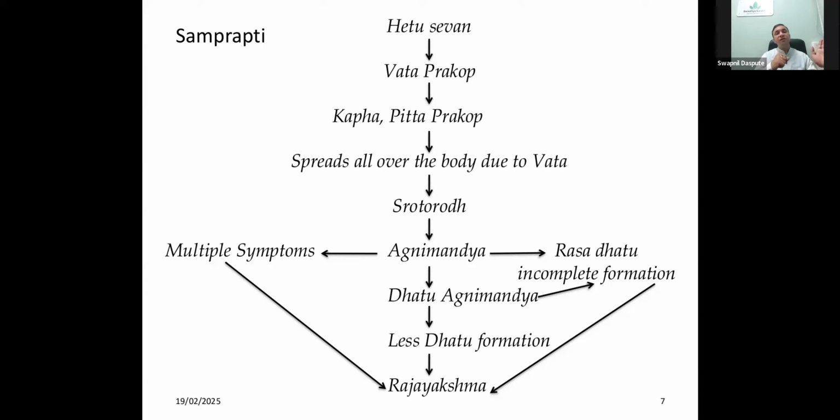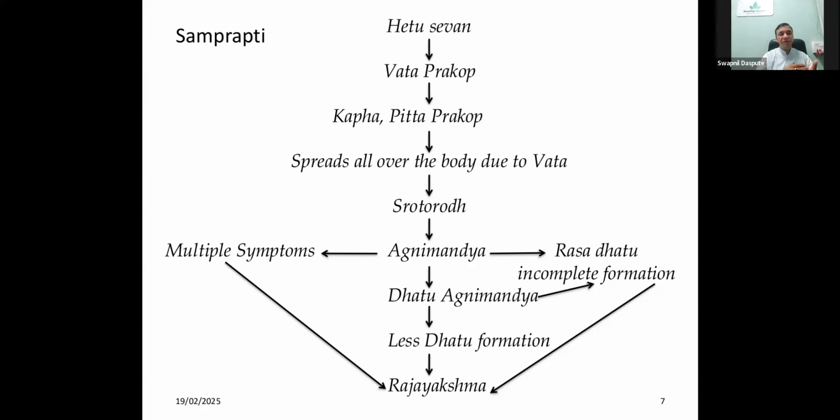So on one side, we see multiple symptoms because of Agni Mandya, and excess depletion of the Dhatus will lead to Rajakshma. Agni Mandya will lead to Dhatu Agni Mandya. Dhatu Agni Mandya again will result in incomplete or less formation of the rasa and the next dhatus, rasadi dhatu. And because of less formation, there will certainly be less dhatu in the body, quantitatively, qualitatively, functionally, which will lead to rajakshma.